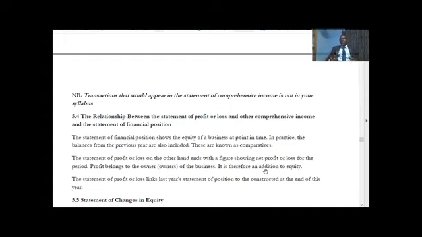You will see this when we start preparing basic financial statements, and I'll draw your attention to this. So the end results of the statement of profit or loss will be transferred to the statement of financial position. Great.